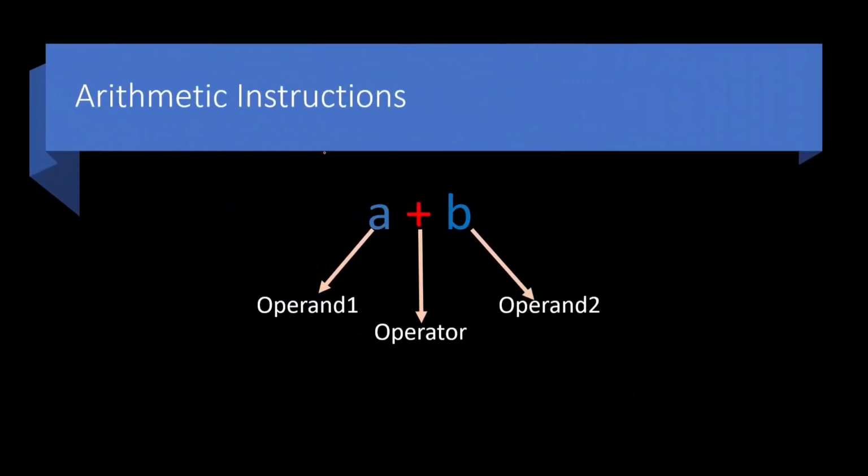Okay, now we are going to discuss arithmetic instruction, or you can say arithmetic expression. Here I write an expression a plus b. Now here a and b are the operands, operand 1 and operand 2, and plus is an operator. Instead of plus we can write minus, multiply. For multiply in C or in any language we use asterisk or star, and we can use slash for divide.